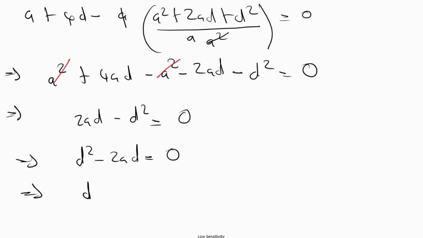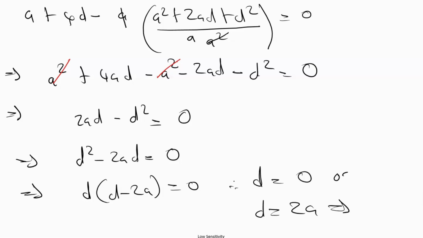Therefore, we can factorize d into d times (d minus 2a) equals 0. Therefore, d equals 0, or d equals 2a, which means a equals d over 2.